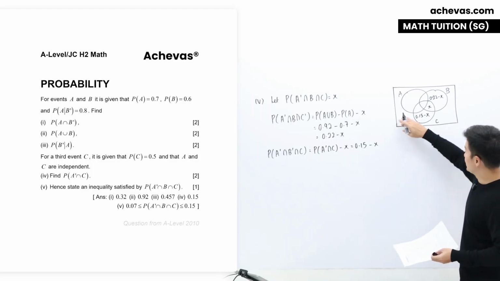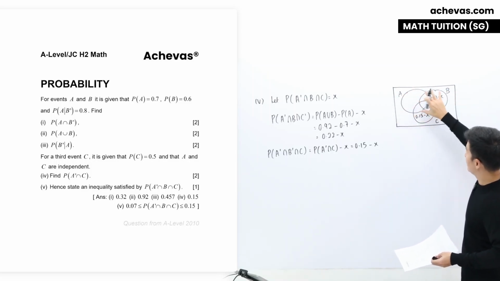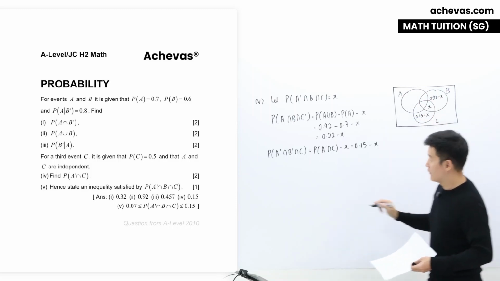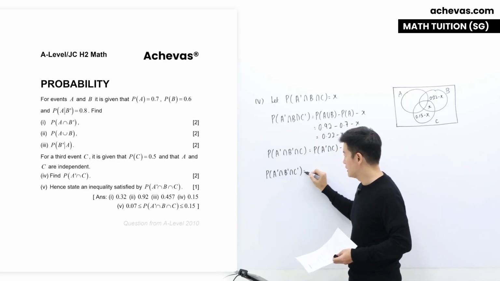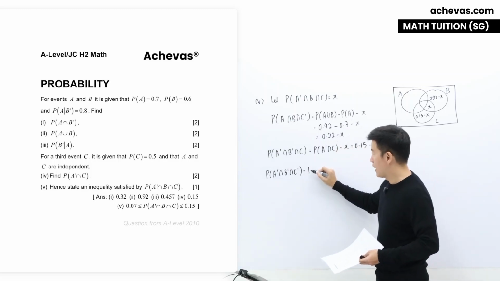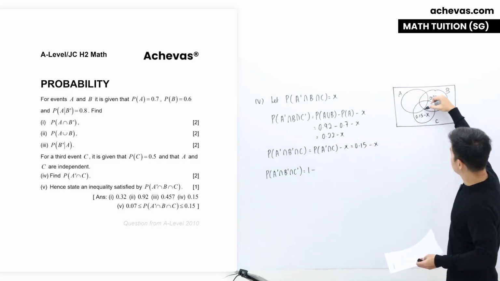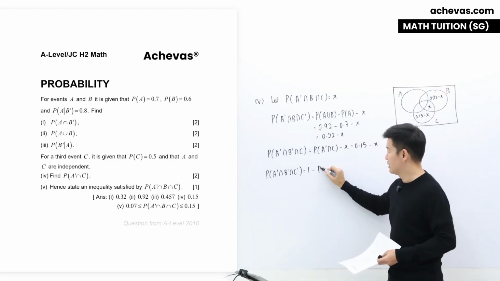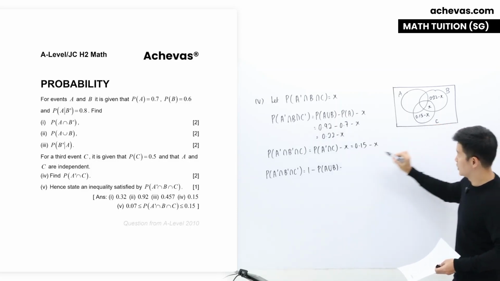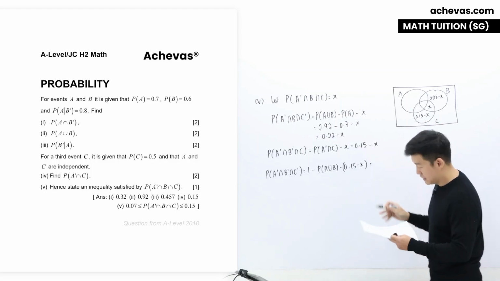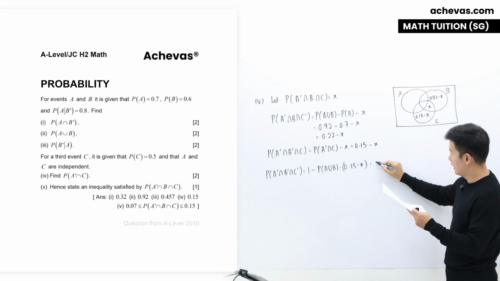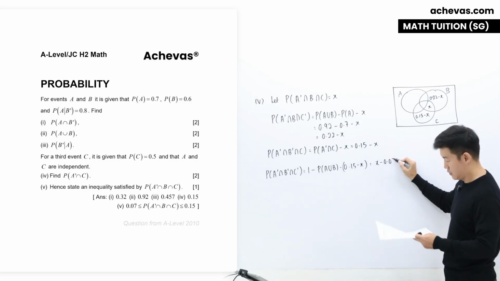Here's one more, which is the entire region that is outside A, outside B, and outside C. We can find this region, which is the probability of A prime intersect B prime intersect C prime, by taking 1 minus the probability of A union B minus what we have just found, 0.15 minus X. And this will get us X minus 0.07.